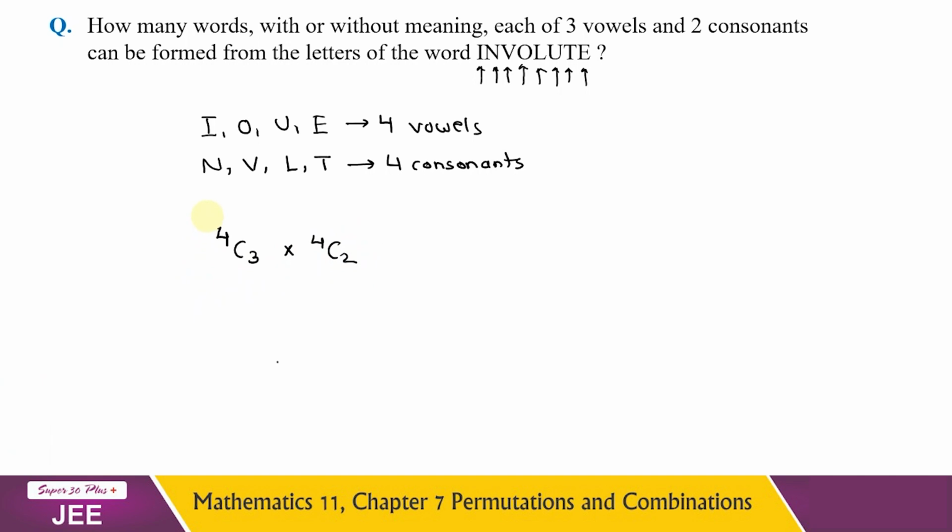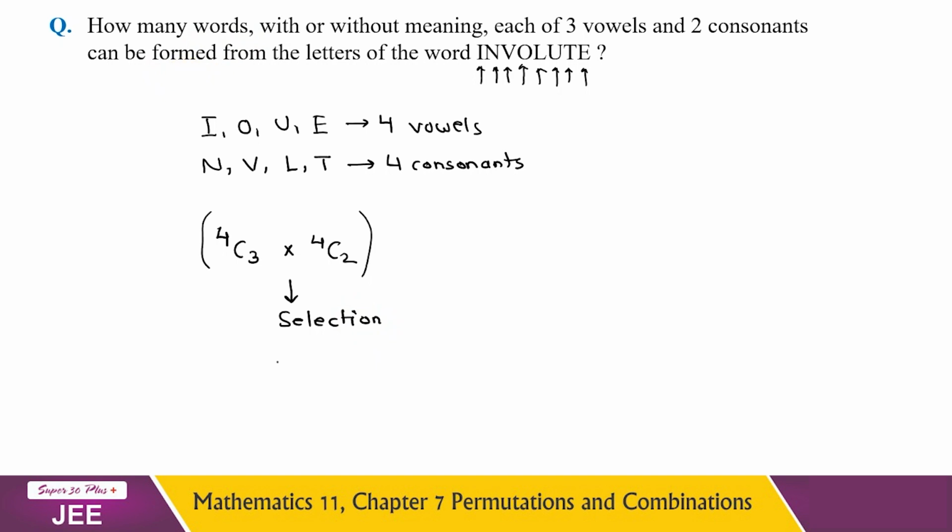Now, this is the selection part of the question. We have selected vowels and consonants according to the demand of the question. But the question also says how many words can be formed. Now, in order to form the words after selection, we have to also arrange them.